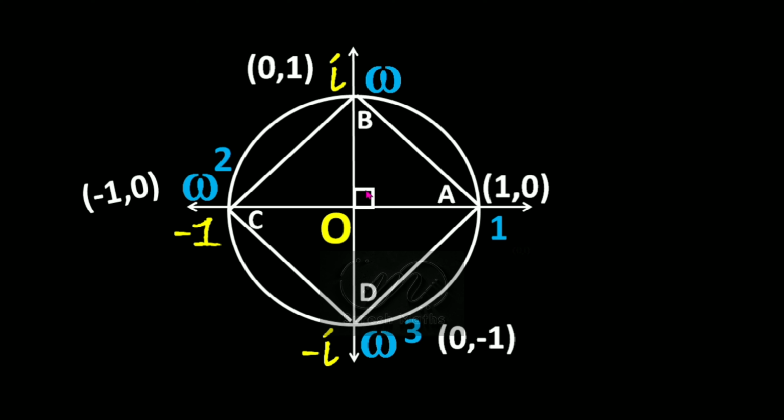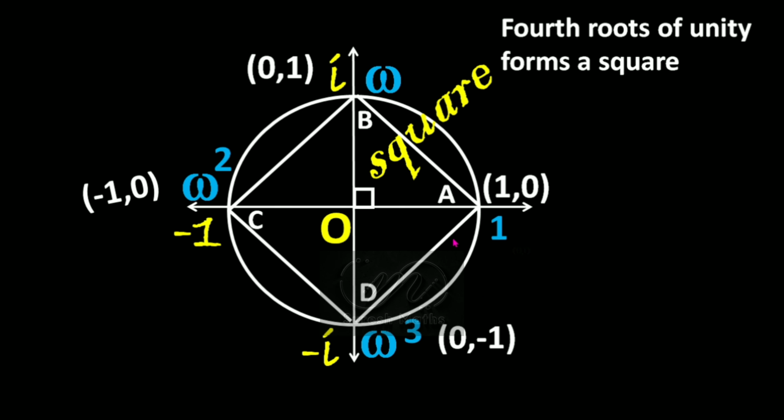Here the fourth roots of unity form 90 degrees at the center of the circle. So ABCD is a square. The fourth roots of unity form a square, that is, ABCD is a square.